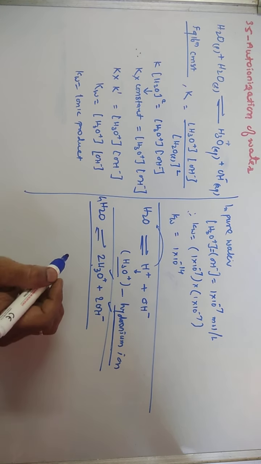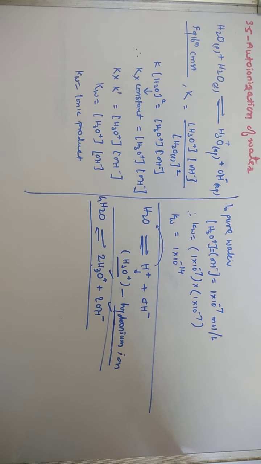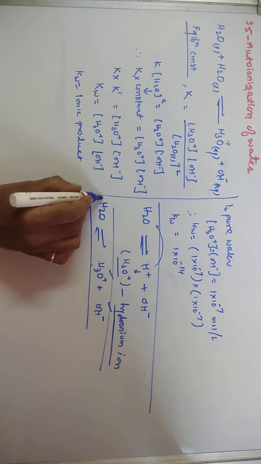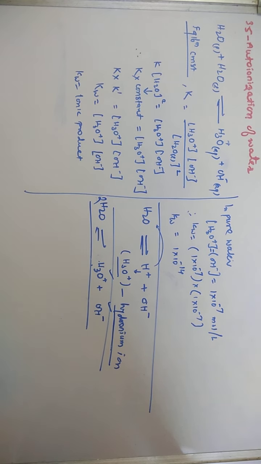Okay, now see here, the ionization is written like this way. The balanced equation is 2H2O giving H3O plus and OH minus ion.